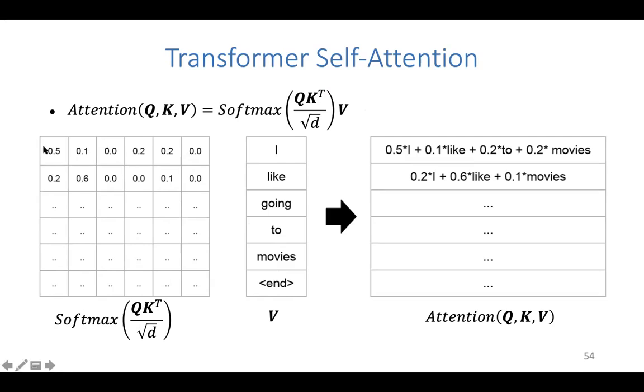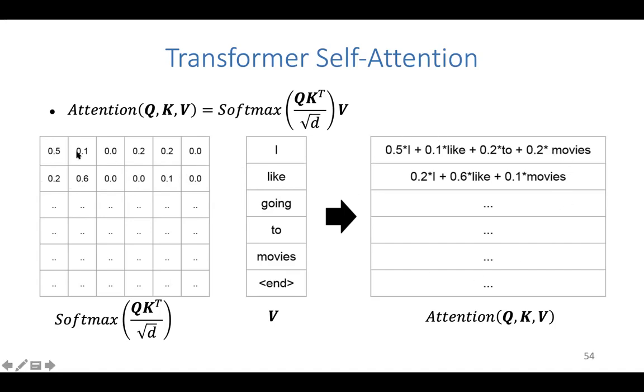So this row should sum to 1, and this row should sum to 1. Oh, there's a typo. This only sums to 0.9, but that's a typo. So this should be 0.2. So this sums to 1, this sums to 1, this sums to 1, and the values in each row determine how much you want to mix different tokens to arrive at the final output.